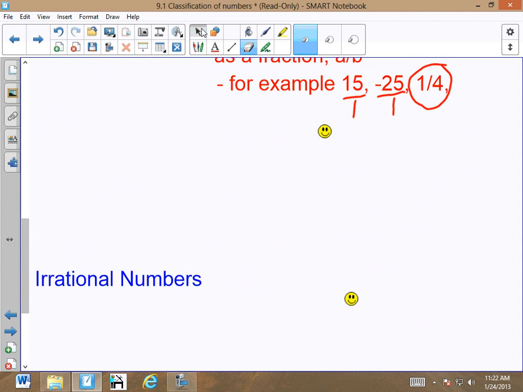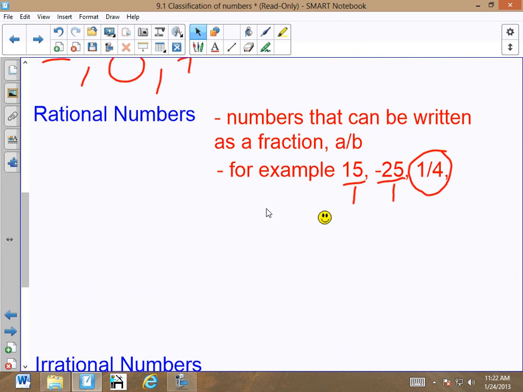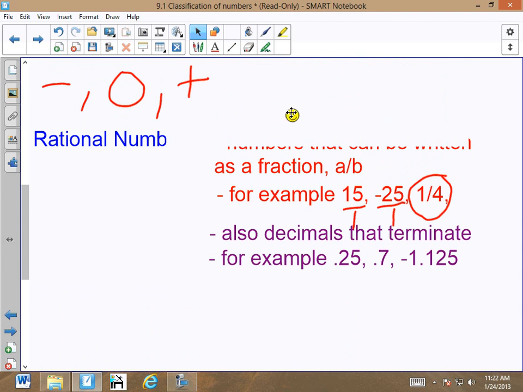Now, rational numbers are also decimals that terminate. So not only can they be written as a fraction, they're also decimals. Now, you know that 1/4 is a decimal.